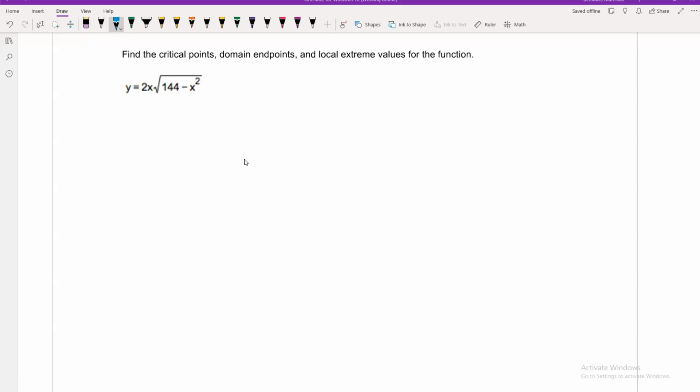So first we have to find the domain of our function. Because of the square root, 144 minus x squared should be greater than or equal to 0. Solving for x, x is -12 to +12, so the domain is the closed interval -12 to 12.